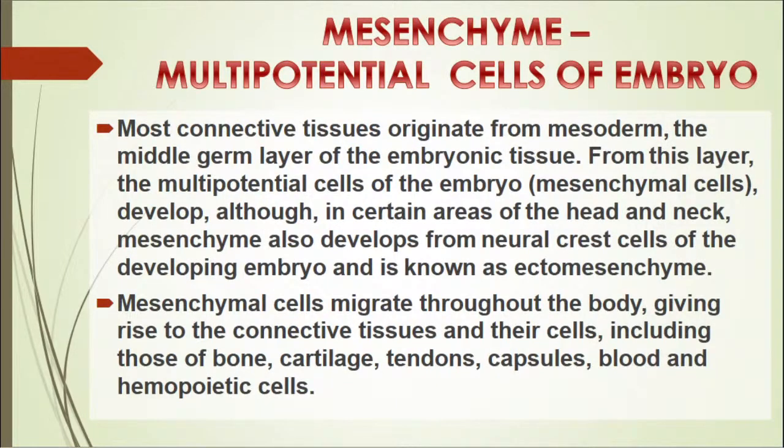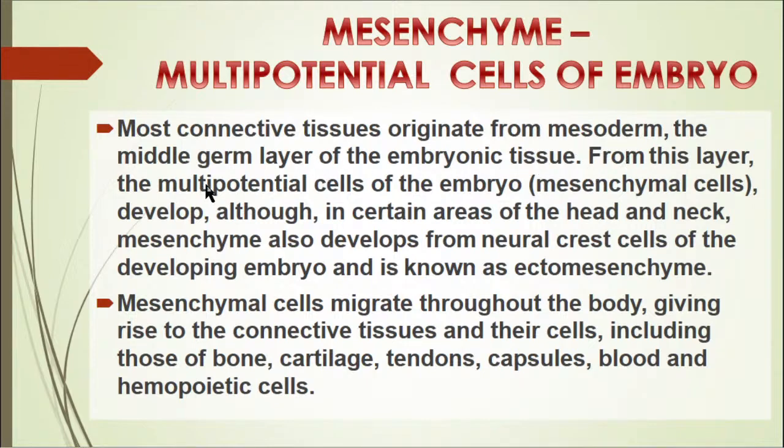Well, thank you. And now let's talk about what mesenchyme is. Mesenchyme is the multipotential cells of the embryo and embryonic connective tissue, as any book writes. Most connective tissue originates from mesoderm, the middle germ layer of the embryo.